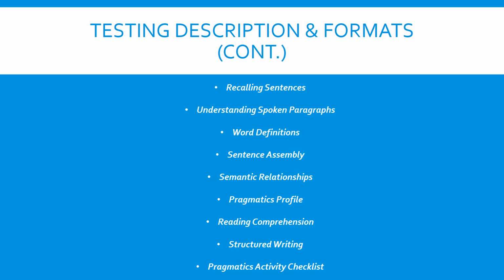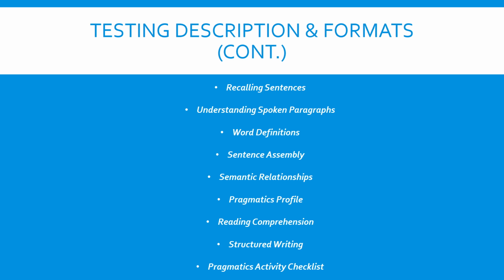For semantic relationships, it is comprised of 20 items, again for 9 to 21-year-olds, and has to do with the ability to understand sentences based on comparative, spatial, temporal, and sequential information. So the examinees will select 2 multiple choice answers from a set of 4 in response to orally presented questions from the examiner.